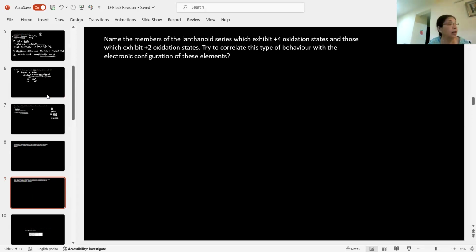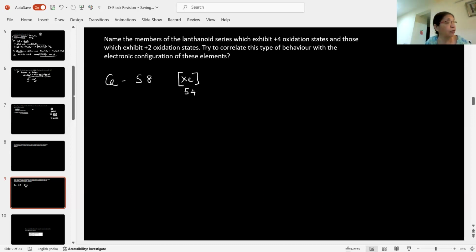So the lanthanide which exhibits +4 oxidation state is cerium. Cerium is 58, right? Here you should always learn to write the configuration like this. Xenon is 54, so up to 54 you know. After 54, you have to start filling the 4f.